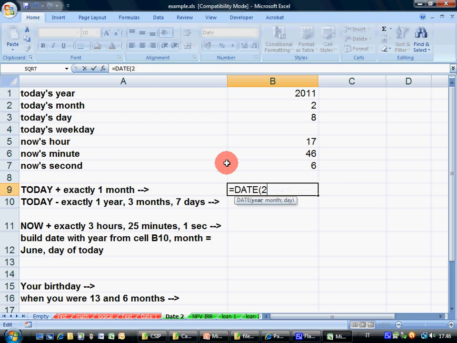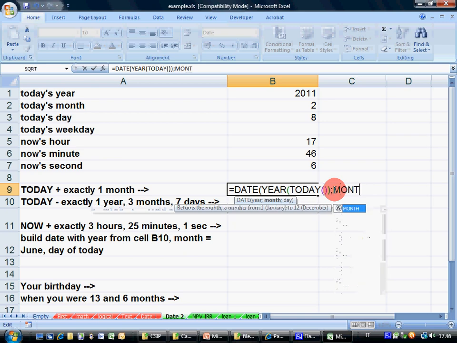For example, suppose I ask you exactly to take today and go forward of exactly 1 month. What will you do? You will do date of year of today. This part here will return 2011, semicolon. Now, month of today.